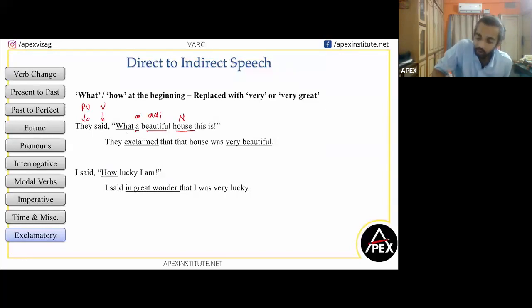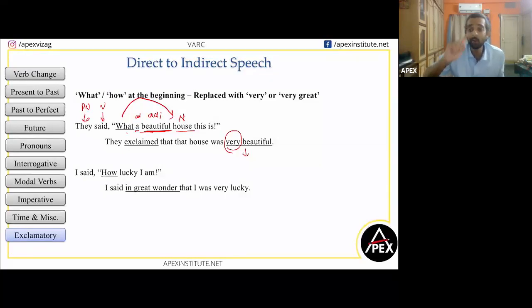So what is this what doing? What a beautiful house. It's telling me something about the house only, no? Yes. So this beautiful adjective, I'll use the same adjective with the word very. So they exclaimed that the house was very beautiful.